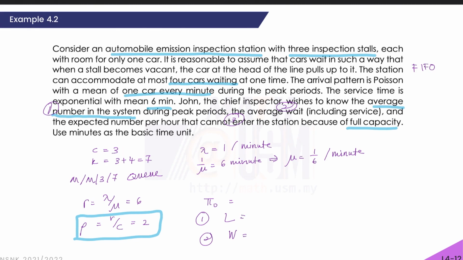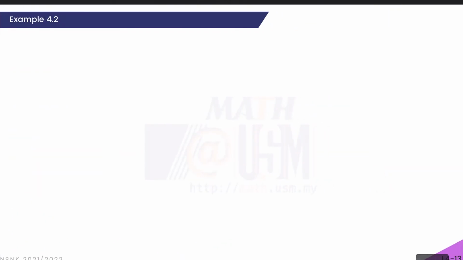And then for question 3, the expected number per hour that cannot enter the station because of full capacity. Full capacity refers to the probability of the system being in full capacity, meaning state 7. So first you have to determine the probability of the system being in state 7.